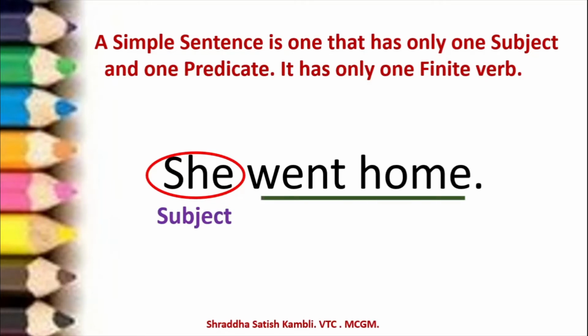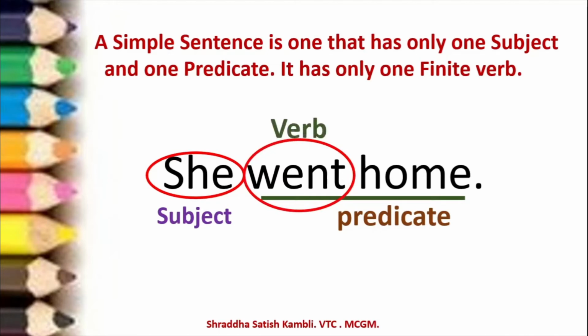Went home is the predicate. And what is the verb here? Went is the verb. So it fulfills all the necessary conditions to make it a simple sentence. Okay? So she went home is an example of a simple sentence which is given in the textbook.